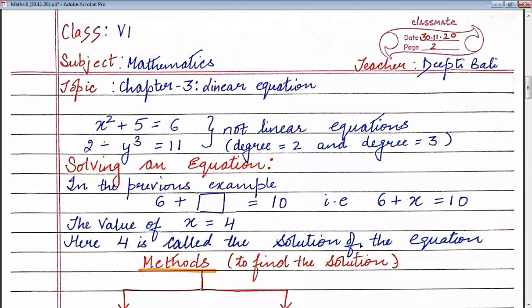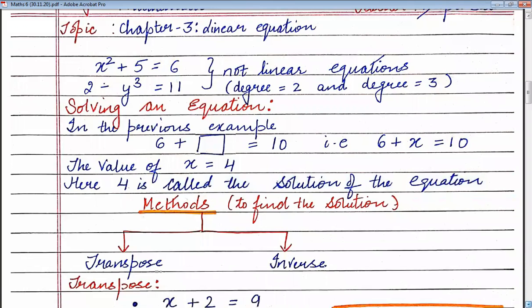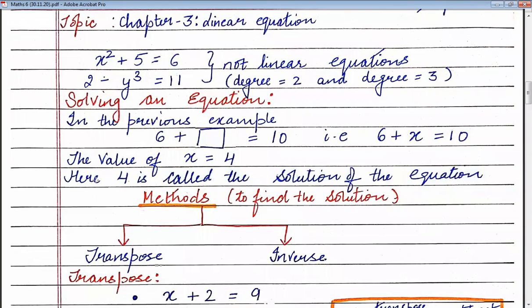Now children, we have a few methods to find the value of the variable. We have two methods: the transpose method and the inverse method. The easiest method is the transpose method, so in this video we will learn how to use this method to find the value of the variable.